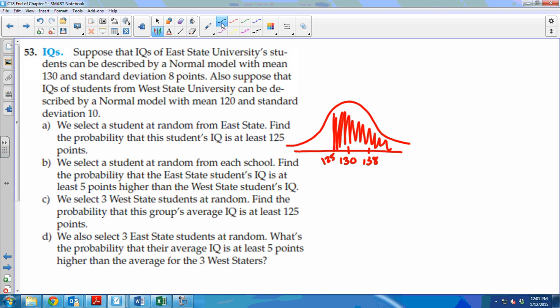So for your calculator, what's your lower boundary? 125, and your upper boundary is infinity, mean and standard deviation, so you should get 0.734. That's your probability. Yeah? Yes. Upper bound is infinity, yes. We're right from 125 and above.